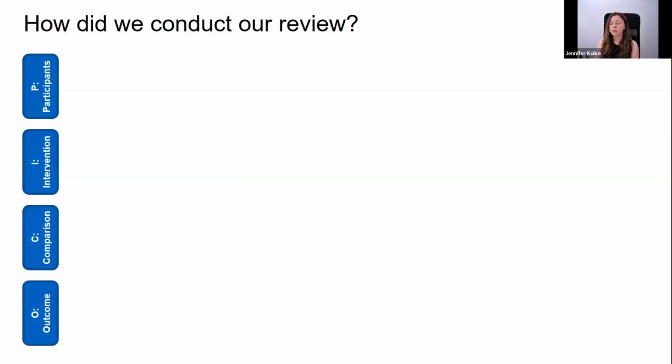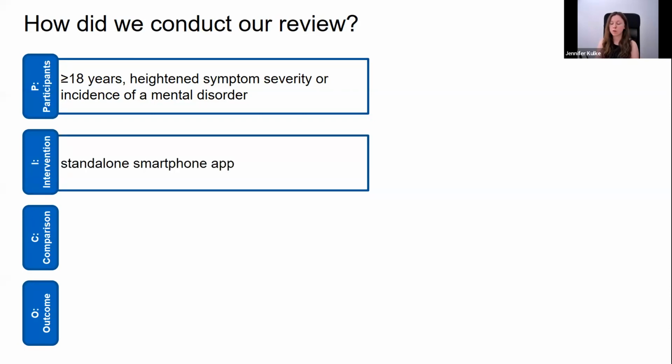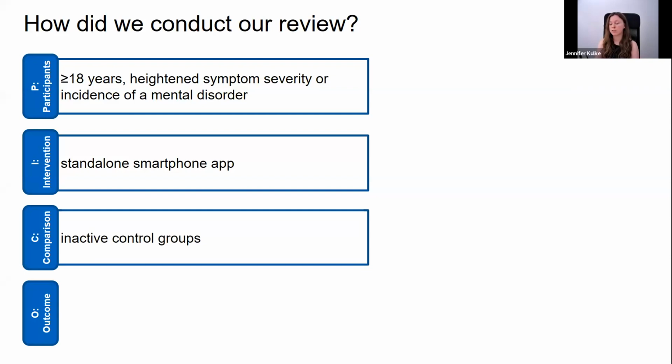So how did we conduct our review? First, according to PICO, we included participants who were 18 years or older with a heightened symptom severity or incidence of a mental disorder. And we included interventions which were standalone smartphone apps compared to inactive control groups.